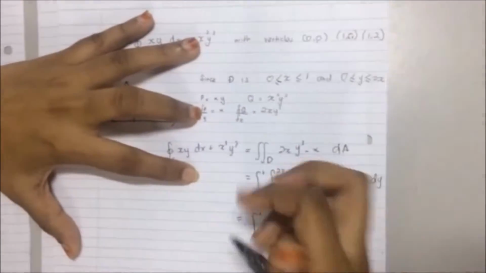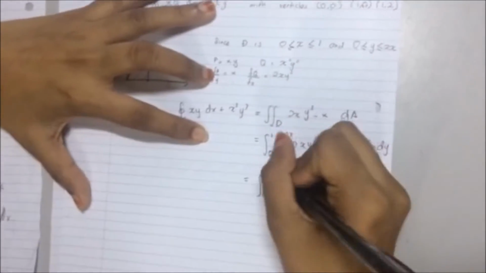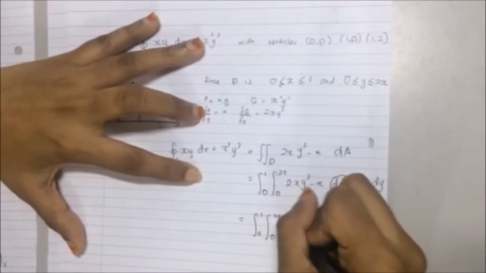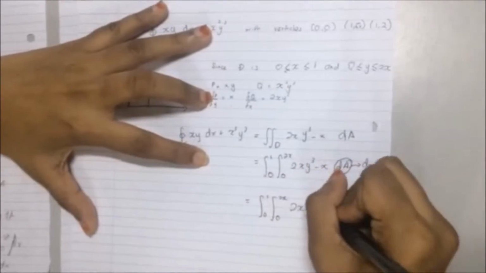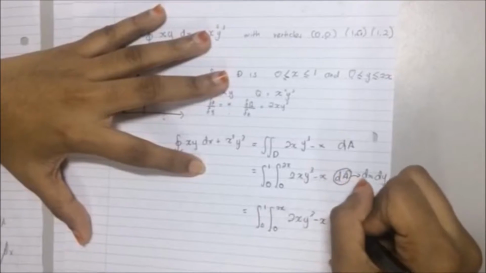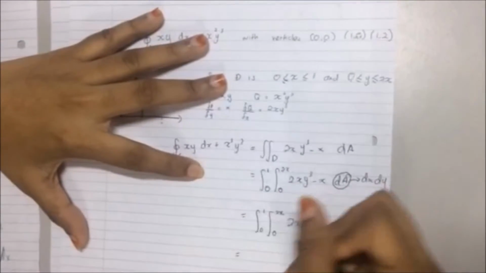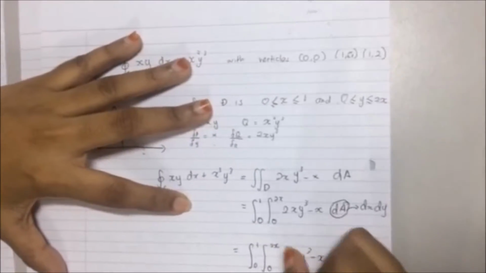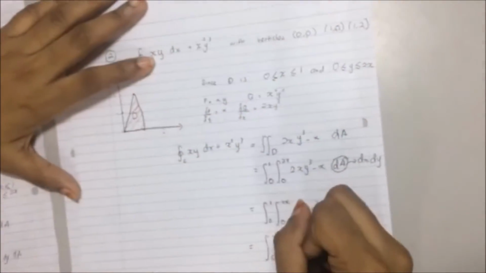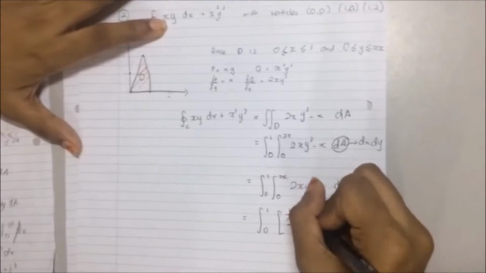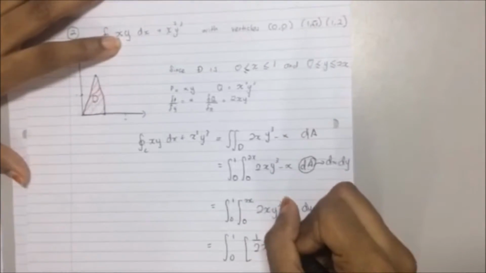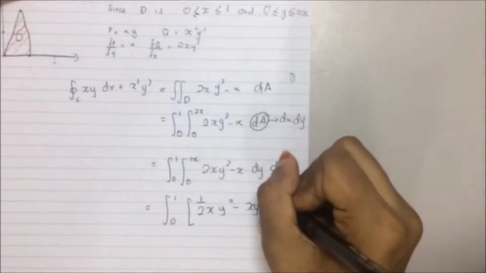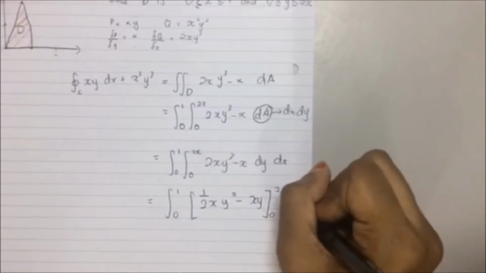with respect to y. x dy dx, so 1 to 0, 2x, 1 over xy squared minus xy, 2x to 0 dx.